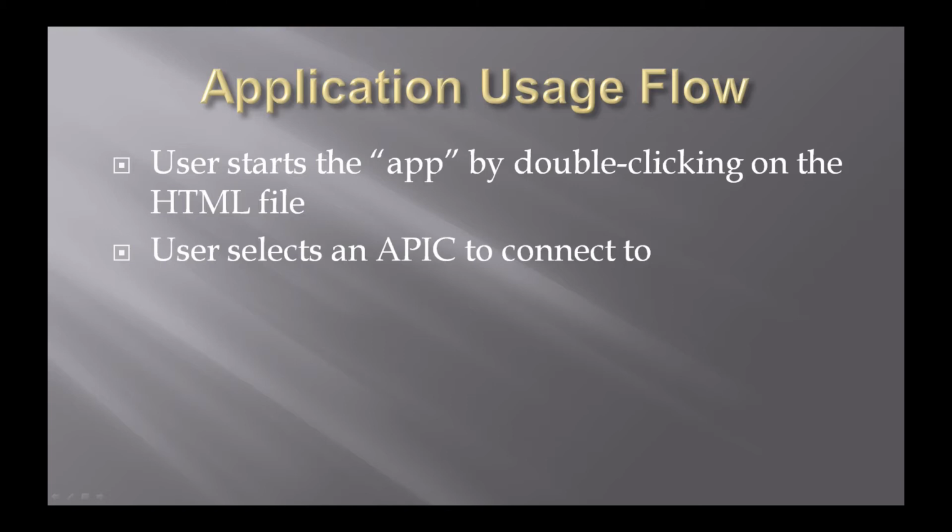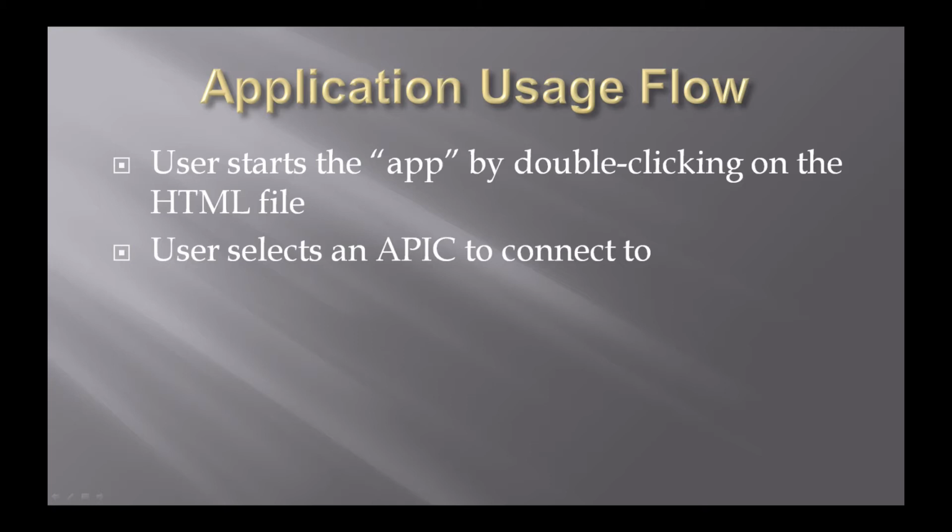In ACI, the controlling APIs are joined together into a cluster of 3, 5, 7, whatever, but they each continue to have their own management addresses. In my experience, so far, the easiest way for a user to indicate what API they want to connect to is to give them a list on the screen and let them pick one. And that's how we're going to do it.